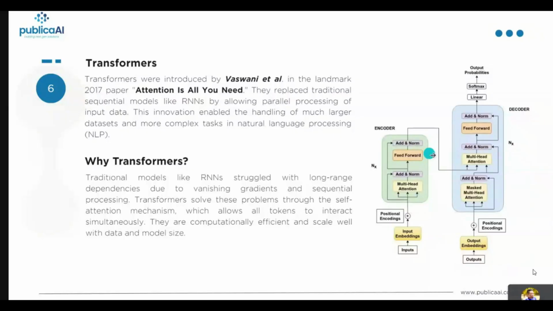This feed forward is a multi-layer perceptron. That is where the transformation happens, that's where the learning happens actually. Why the transformation happens in the attention head. So it transforms first before it then learns. Then it's normalized before it now passes it to the decoder for it to mask it and give you output in real time.